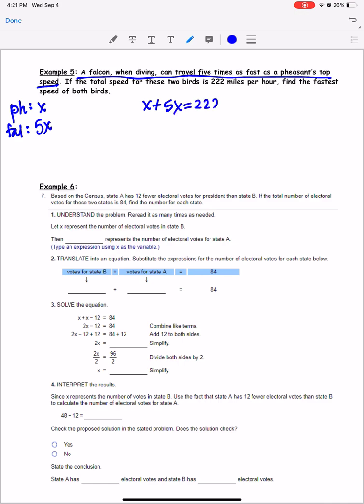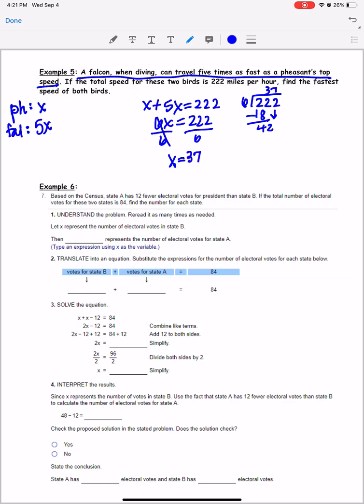So combine like terms. X plus 5X gives me 6X. Divide by 6. That cancels and we get X equals, so 6 into 222. 6 goes into 22 3 times. 3 times 6 is 18. Subtract, we get 4. Bring down your 2. 6 goes into 42 7 times. So we get 37.